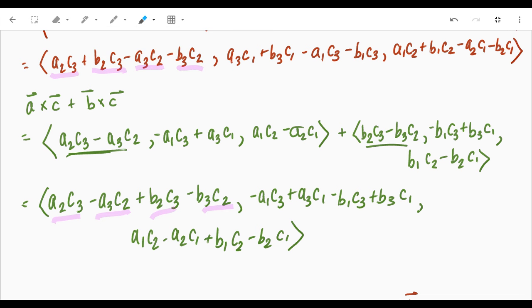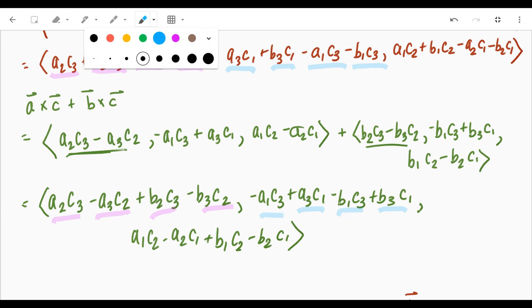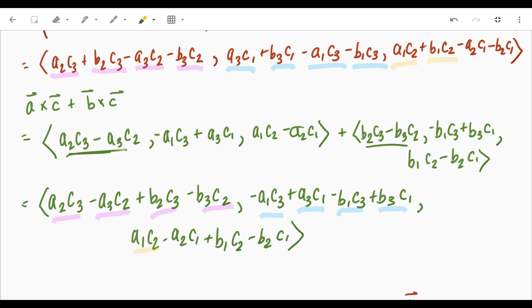Then moving on, A3C1, B3C1, negative A1C3, negative B1C3, and then finally A1C2, B1C2, negative A2C1, negative B2C1.